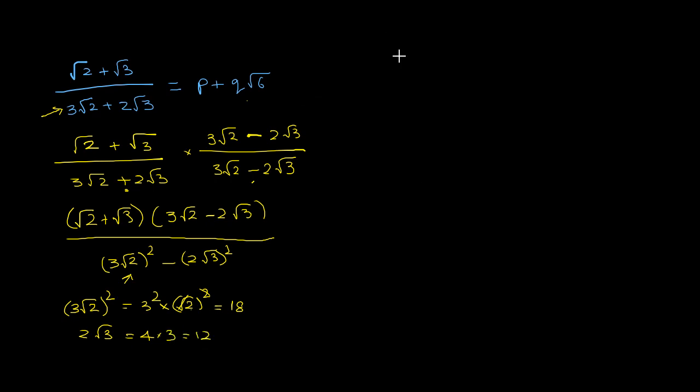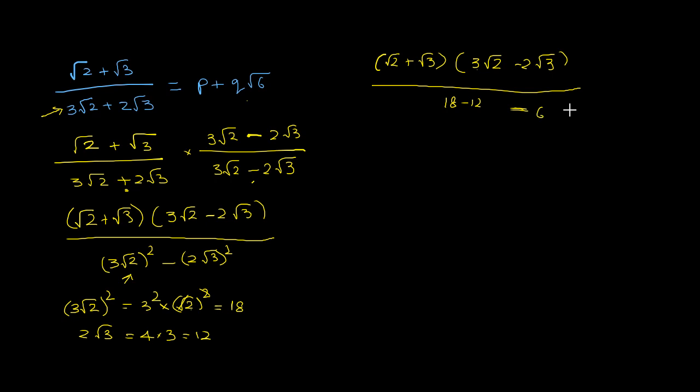So now here, root 2 plus root 3 and 3 root 2 minus 2 root 3. I'll just write these steps so at least you know. 18 minus 12, anyhow it's going to be 6. We'll put that in the next step.